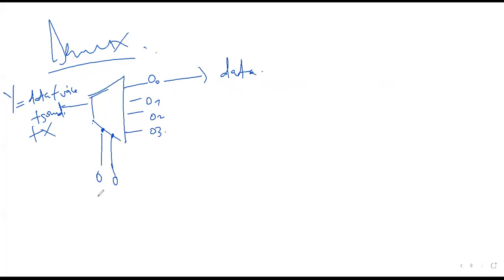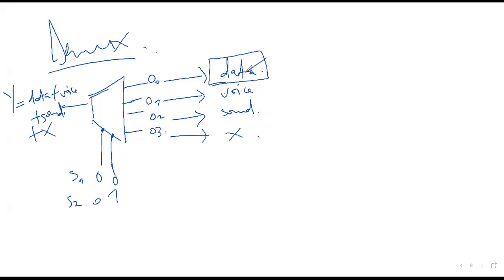If my selector is 0, 1 here, my output at this one will be voice only. The same here, it will be sound only. Here, X. So if I want to collect them separately, I can do so using these selectors.